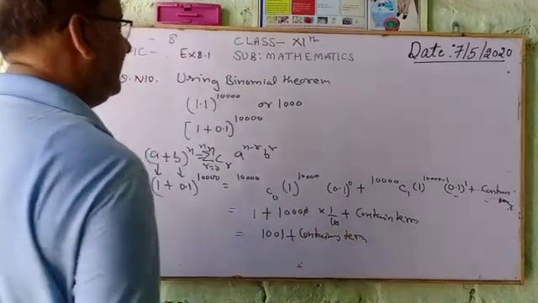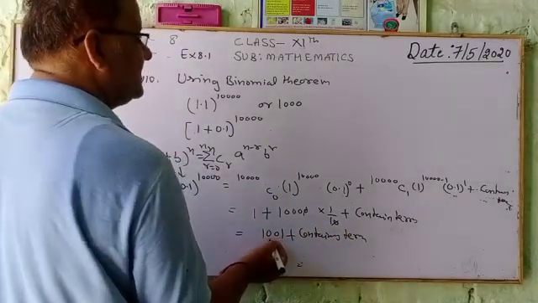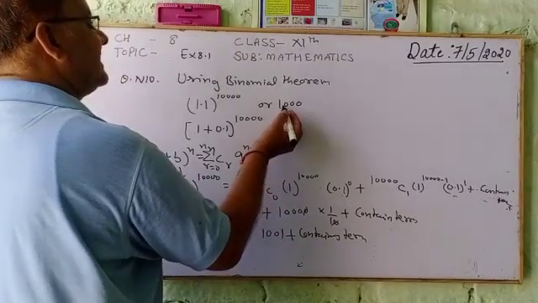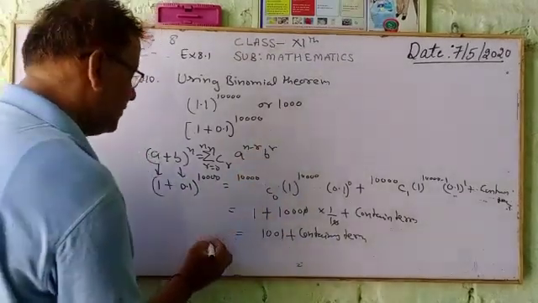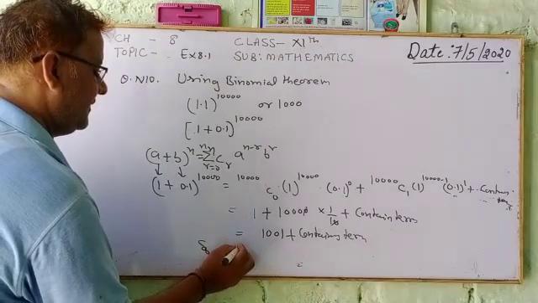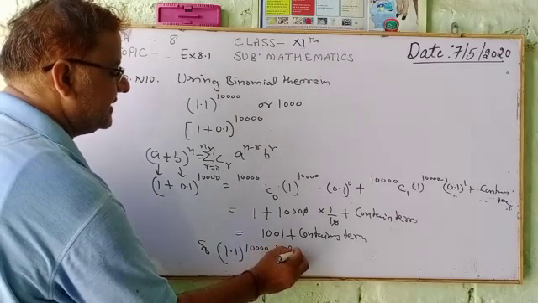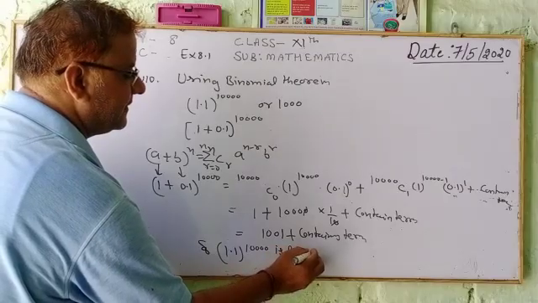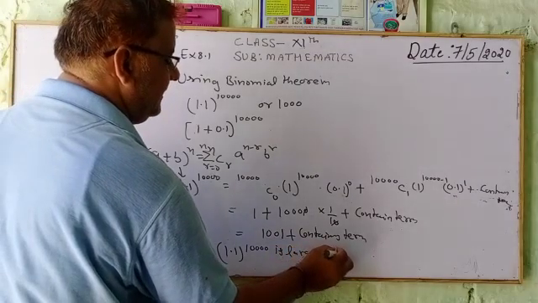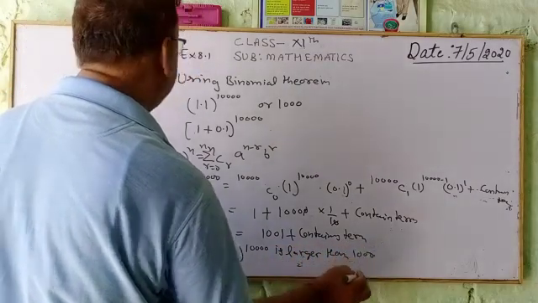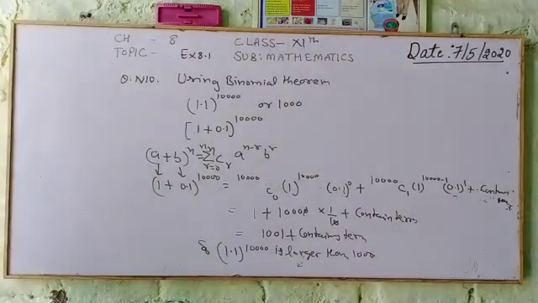So look here, we already get 1001, and the second number is 1,000. So 1.1 raised to power 10,000 is larger than 1,000. That is question number 10.